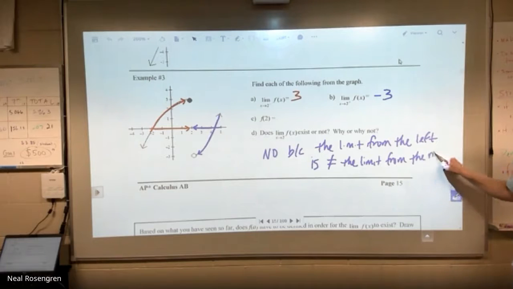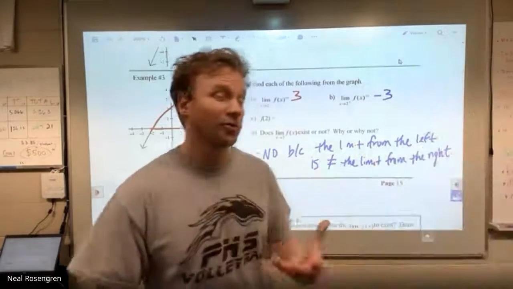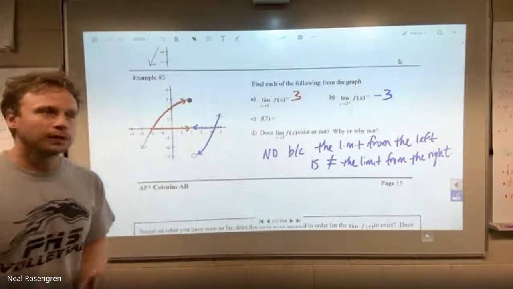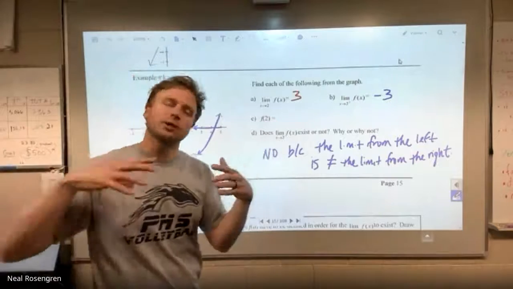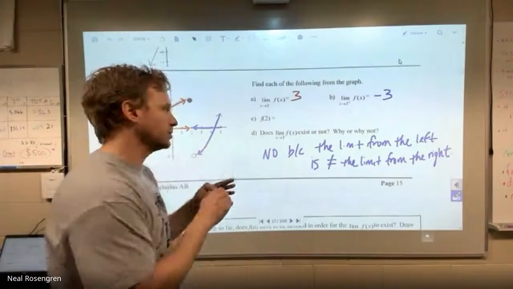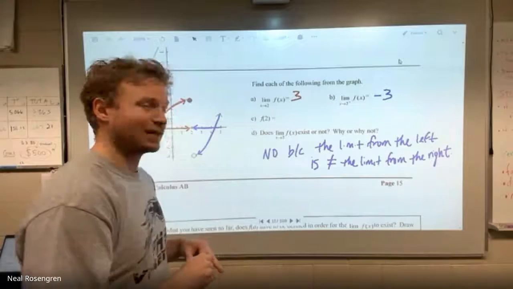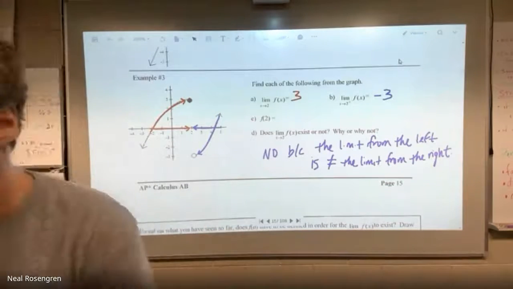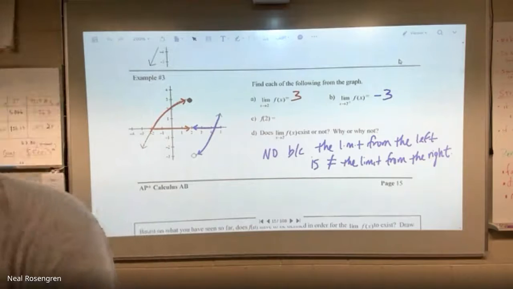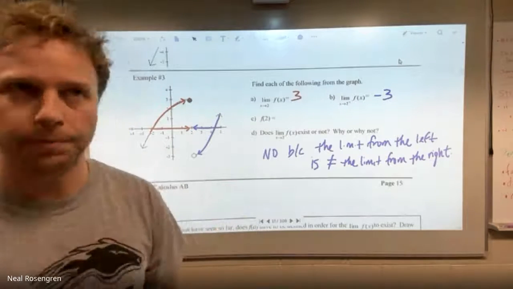And feel free to say it in the way that makes the most sense for you, that really ties in the direction that you're coming from one side versus the other, and us approaching different values. So however you want to say that, I'm cool with. You can kind of get comfortable with all of it. Okay?